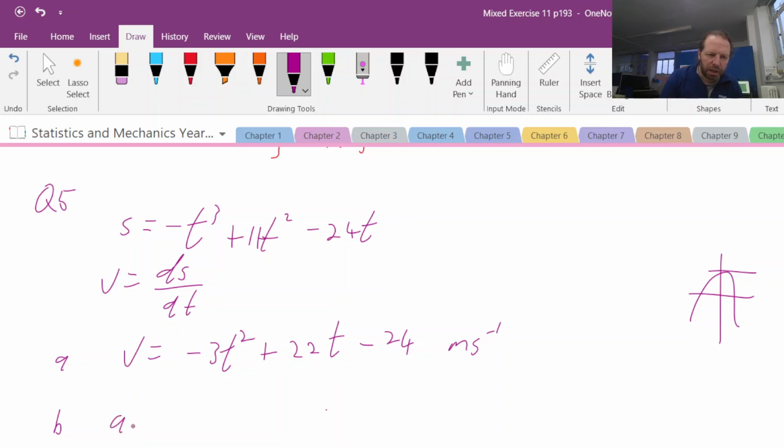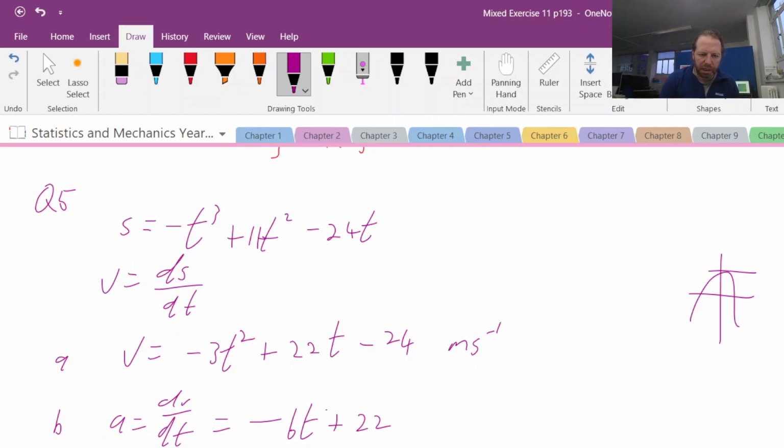So let's do acceleration equals dv by dt, and so that equals minus 6t plus 22. Now I can set that equal to 0.